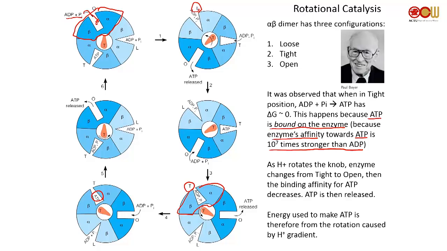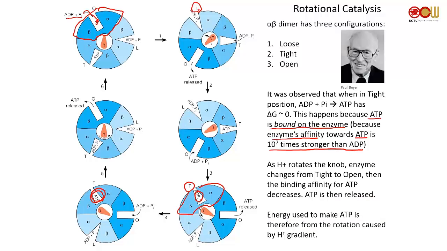Therefore, your ATP is stabilized significantly, whereas ADP is less. This will cause you to reduce the delta G of formation for ATP from plus 30 to about 0.